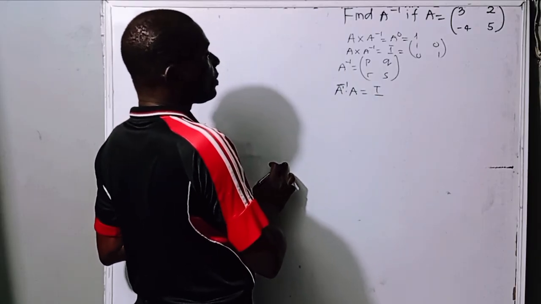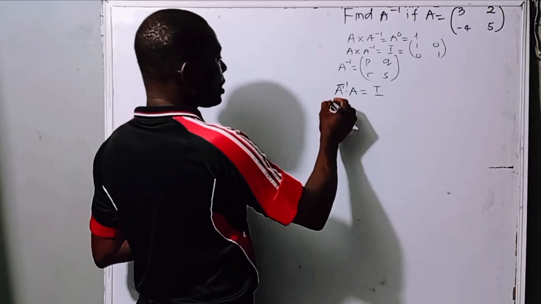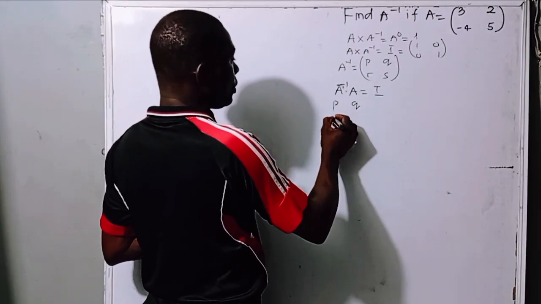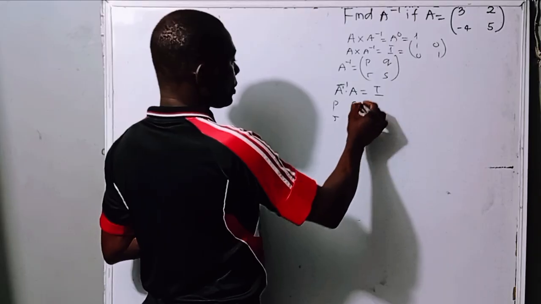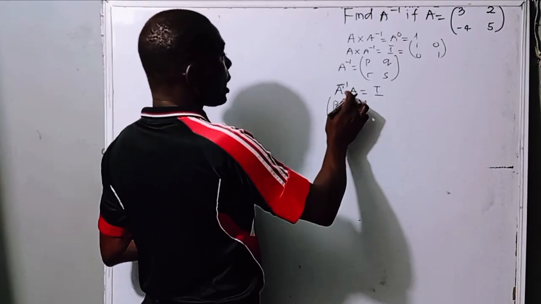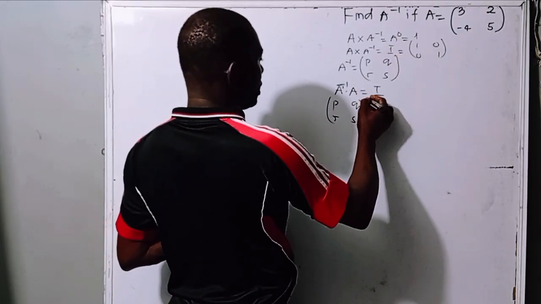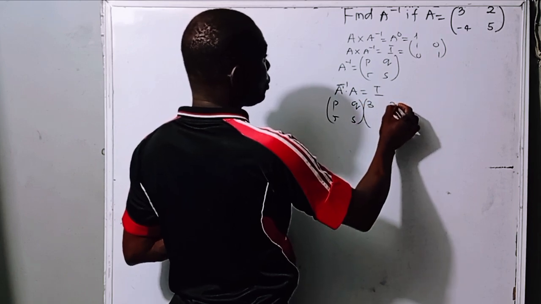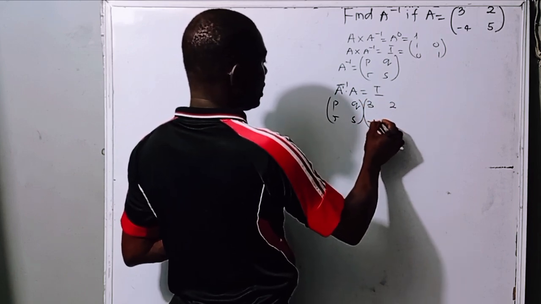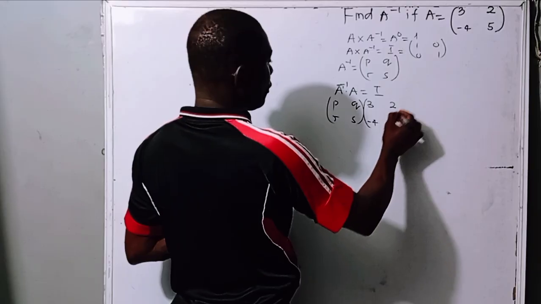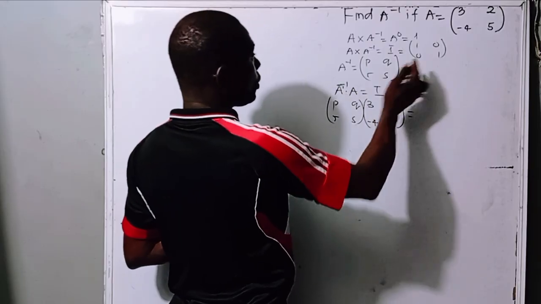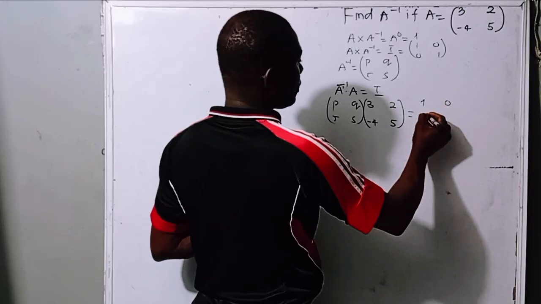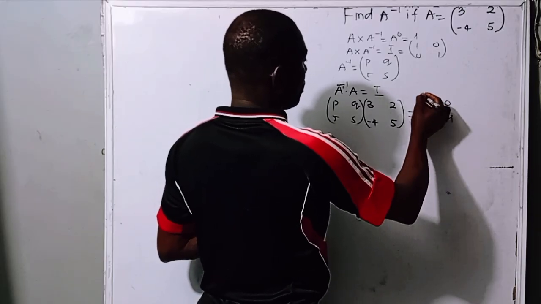Now we know that the inverse matrix is this. So we can transform this to the matrix P, Q, R, X times the matrix A, which is 3, 2, negative 4, and 5, is equal to the matrix 1, 0, 0, 1.